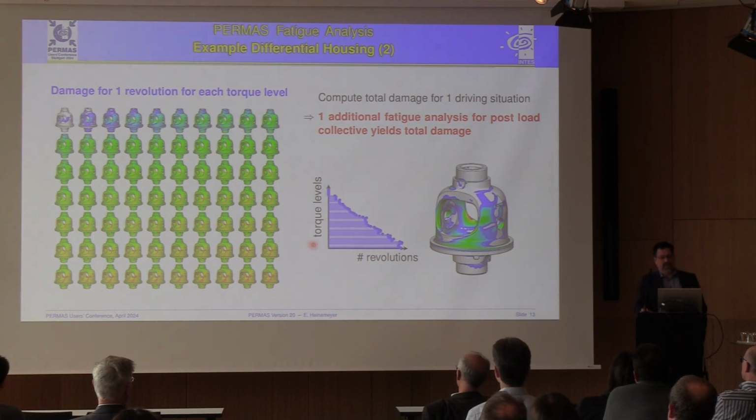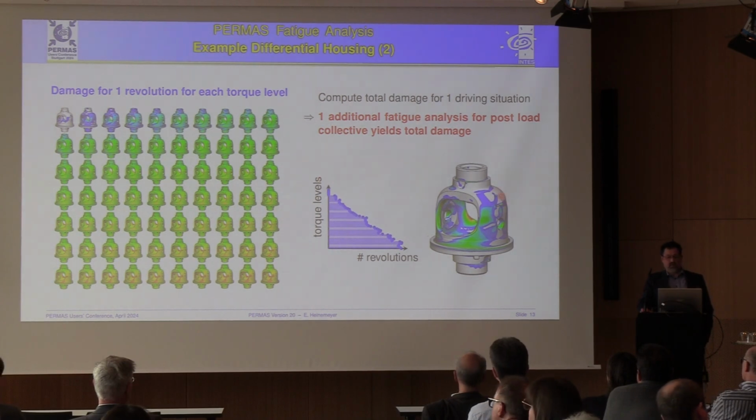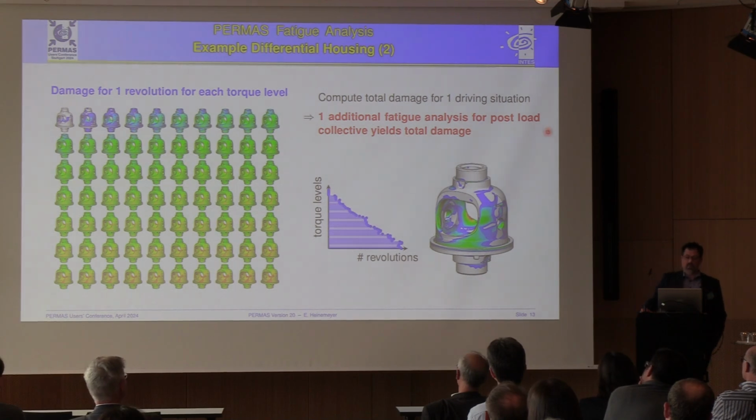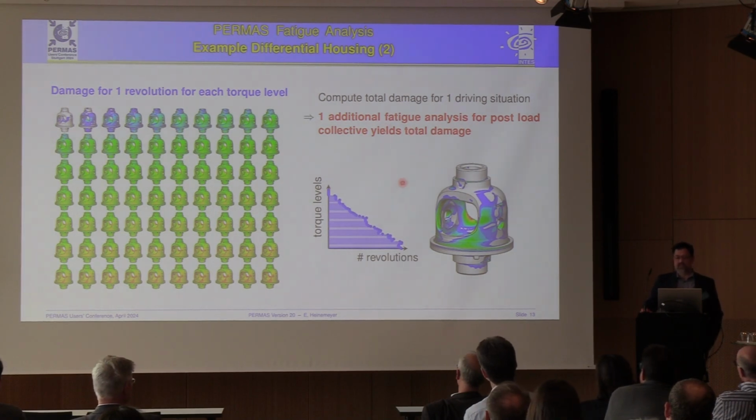Now if you have a driving situation where you're given the number of revolutions for each torque level, you can compute the total damage just by taking your damage for one specific torque level, multiplying by the number of revolutions, doing this for all the other levels, and summing it up. So again, this is one load collective that you apply afterwards in another fatigue analysis, which then gives you your total damage.